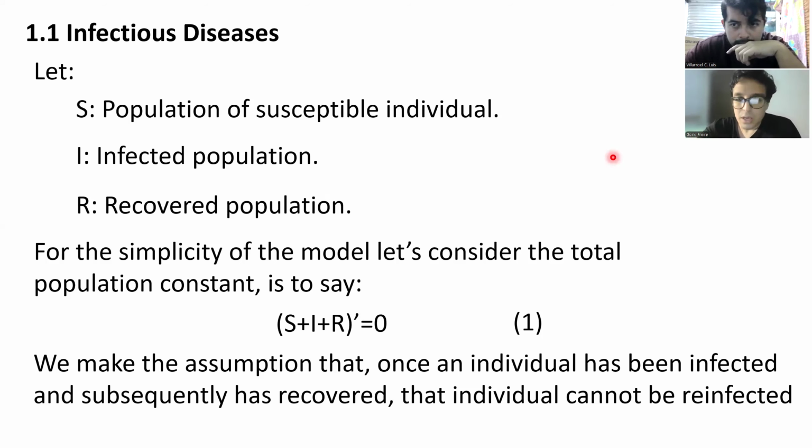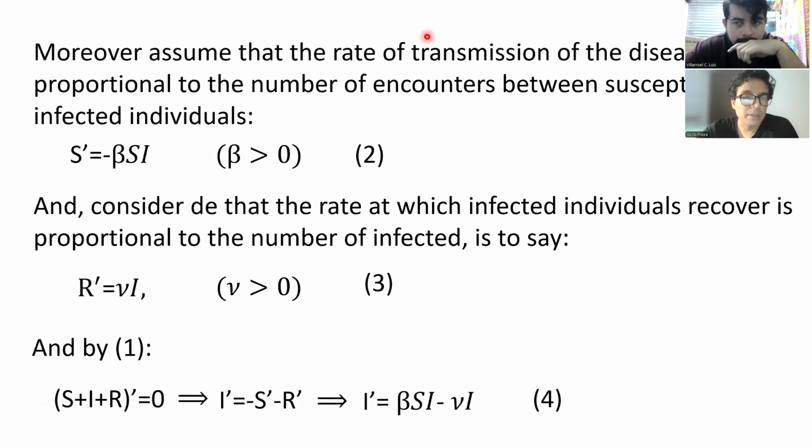Next, please. We also assume that the rate of transmission is proportional to the number of infected individuals and susceptible individuals, so it's a relationship given by the product SI, the interaction between the infected and the susceptible populations.